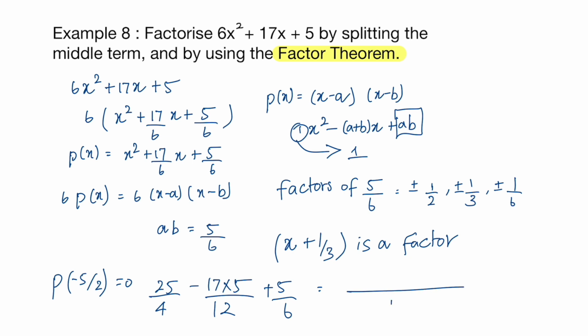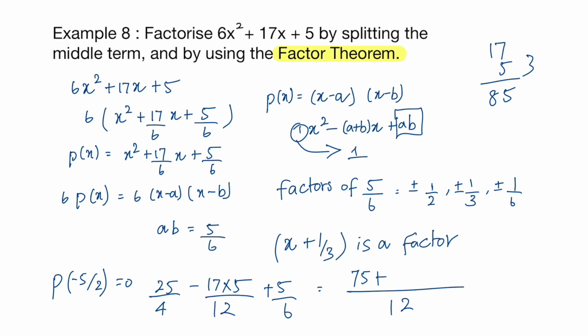Okay, so the common denominator is going to be 12, and 4 times 3 is 12, so 25 times 3 is 75, plus 17 times 5, what is that? 17 times 5 is 85, right?